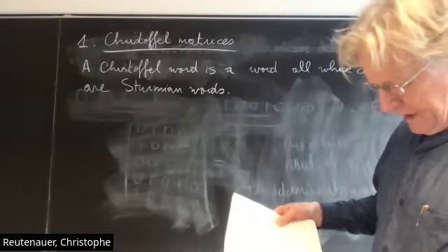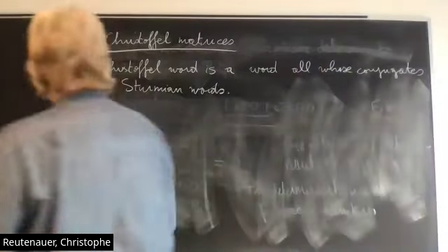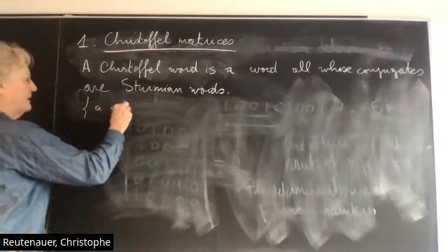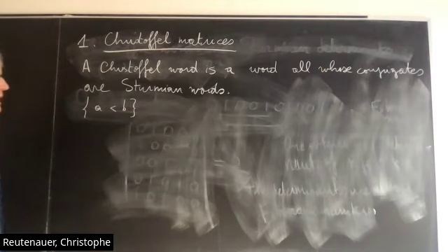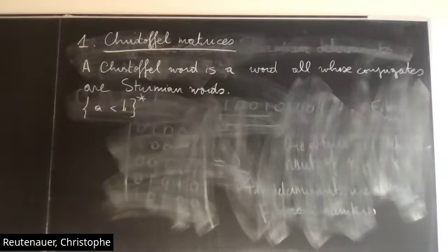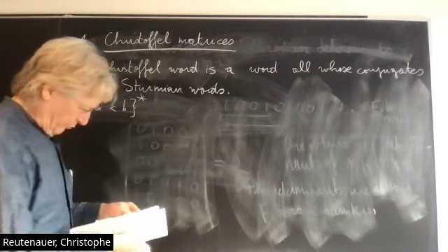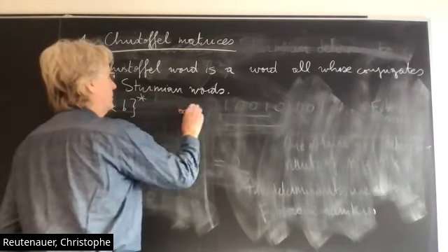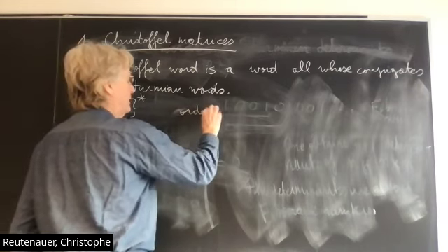So we take some ordered alphabet, A smaller than B, and a monoid on this, and we order lexicographically.